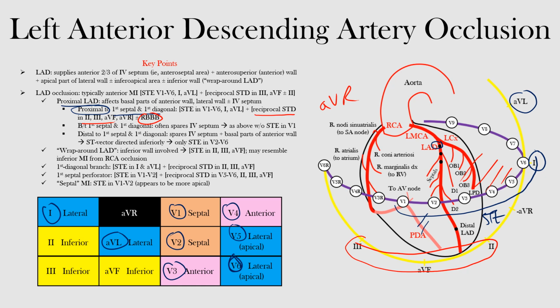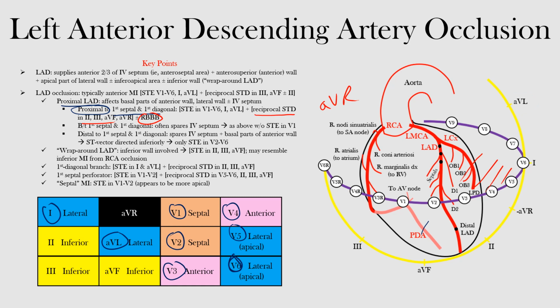Now, if the occlusion occurred between the first septal perforator and the first diagonal branch, it will usually spare the interventricular septum, and therefore ST elevation in lead V1 will often be absent, okay? So let's just erase some of this. Now we're looking at that second point, and here it's between the first perforator and that first diagonal branch.